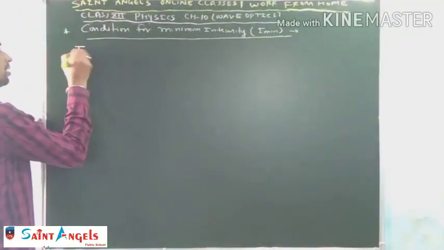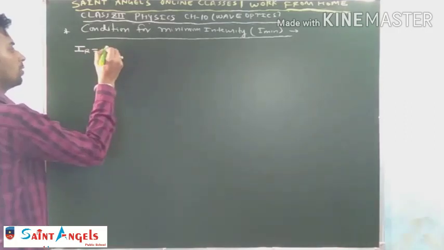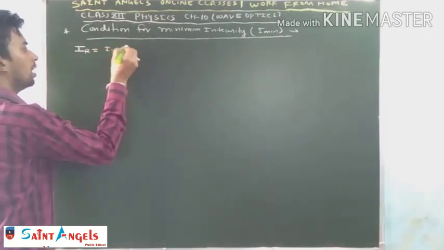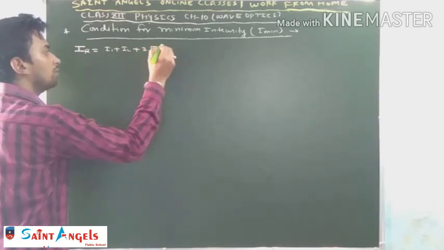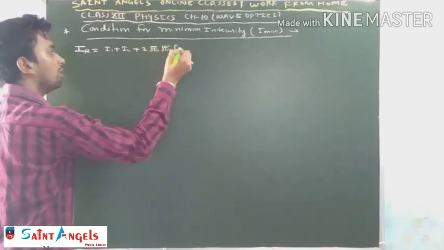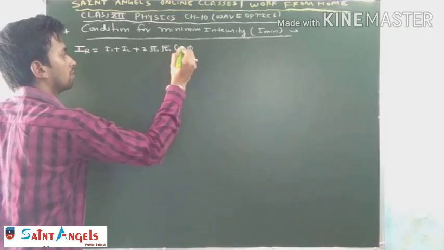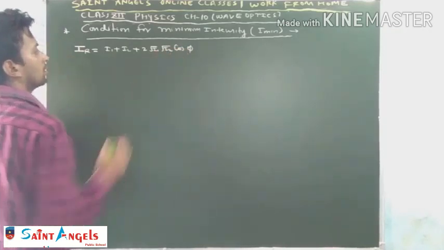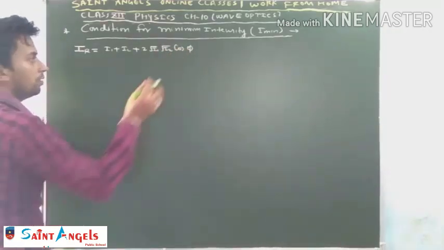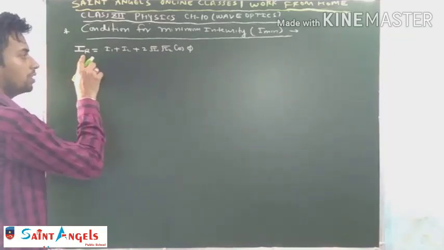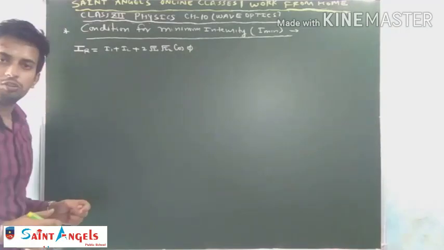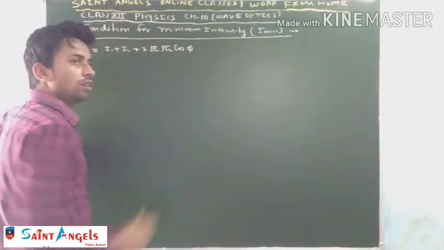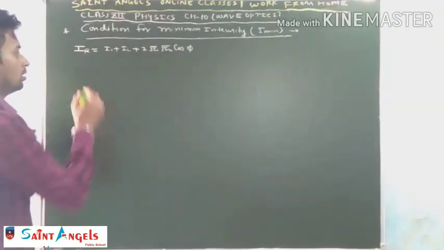We know that resulting intensity IR equals I1 plus I2 plus 2 root I1 root I2 cos phi. Student, it is clear that resulting intensity is minimum when cos phi is minimum, and the minimum value of cos phi is always equal to -1.